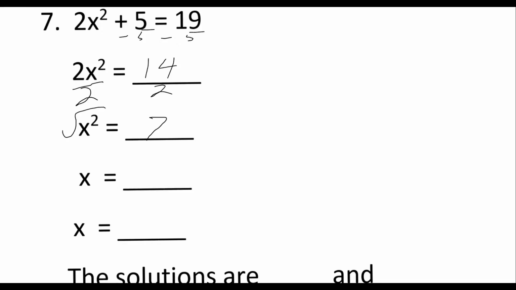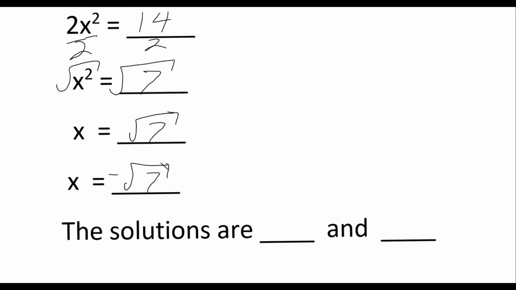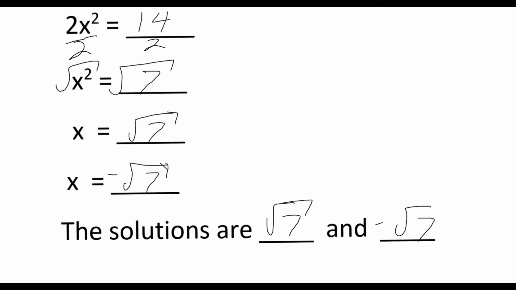Now I'm going to take the square root of both sides to get my x by itself. Now I'm going to have square root of 7 and the negative square root of 7. Now my solutions are going to be square root 7 and negative square root of 7.